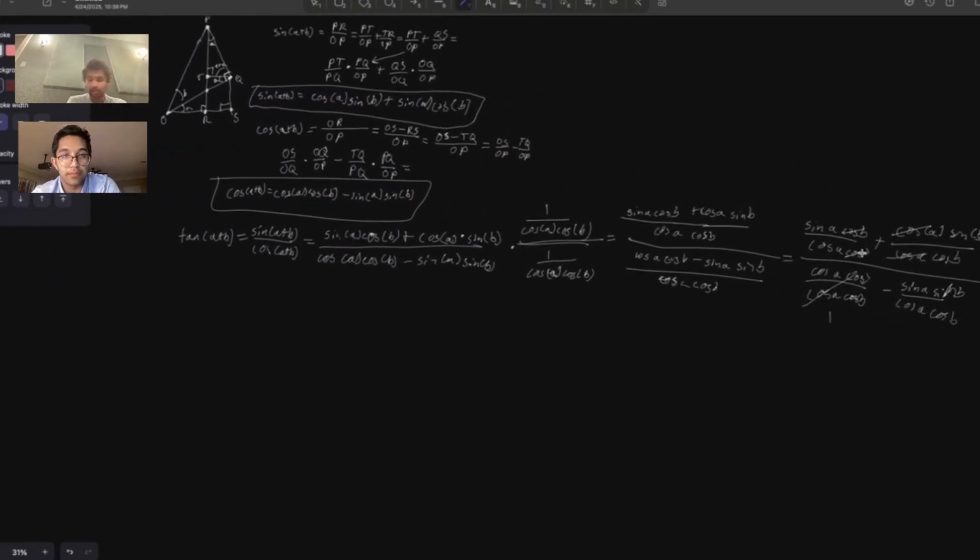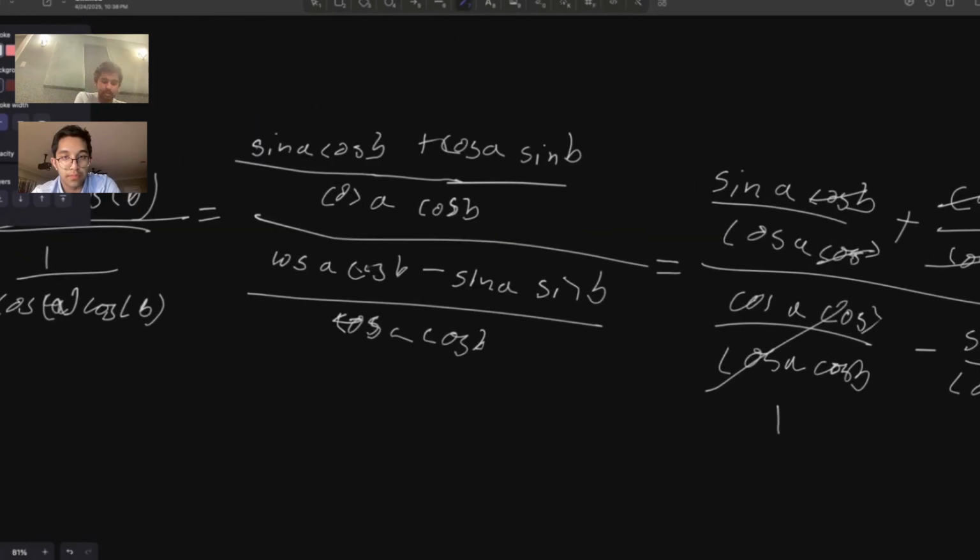Now, we can use these simple addition identities to get double angle identities.